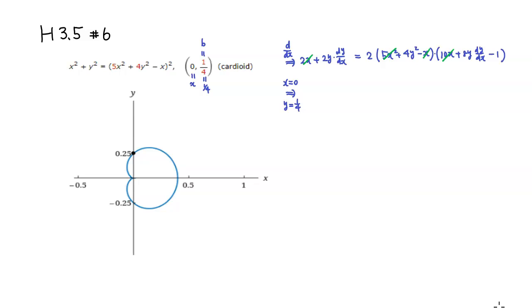So 2 times 1/4 is 1/2 dy over dx, which is equal to 2 times 4 times 1/4 squared, which would be 1/4 again, times 8y, which is 8 times 1/4, so 2 dy over dx, and -1.